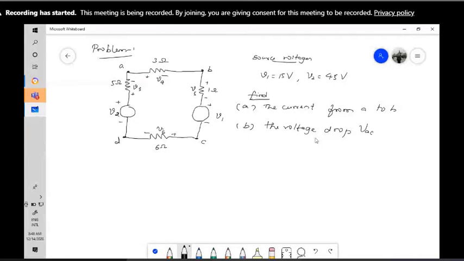So ultimately you need to find the voltage drop between A and B, and then from B to C. So that makes it A to C. And then you must also find the power supplied by V2 and the power supplied or absorbed by this segment BC.